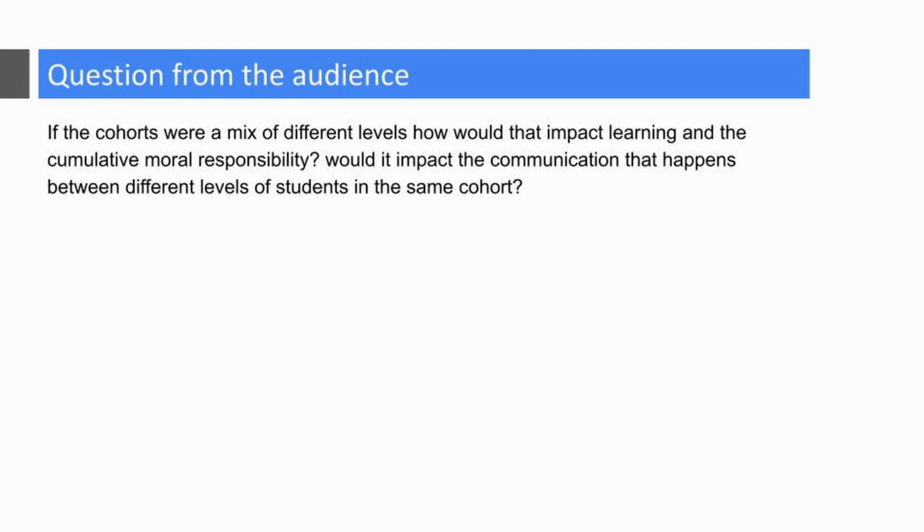Yeah. So if the cohorts were a mix of different levels, how would that impact learning and the cumulative moral responsibility? This question occurred to me because would it impact the communication that happens between different levels of students in the same cohort? Let's say if there is a mix of X, Y, Z in X. So this was one question that I had.